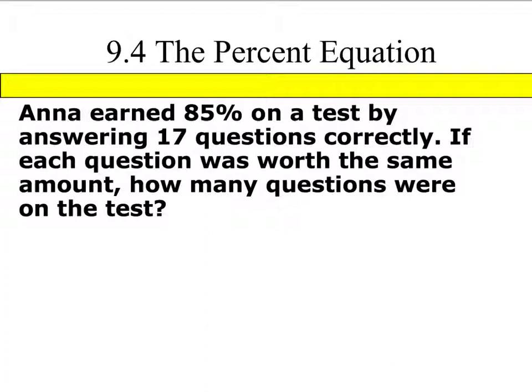Here we go. It says Anna earned 85% on a test by answering 17 questions correctly. If each question was worth the same amount, how many questions were on the test? We know that a proportion is two equal ratios. When we've talked about proportions in the past, for instance with centimeters and meters, we would want the same units on top of each ratio and the same units on bottom.